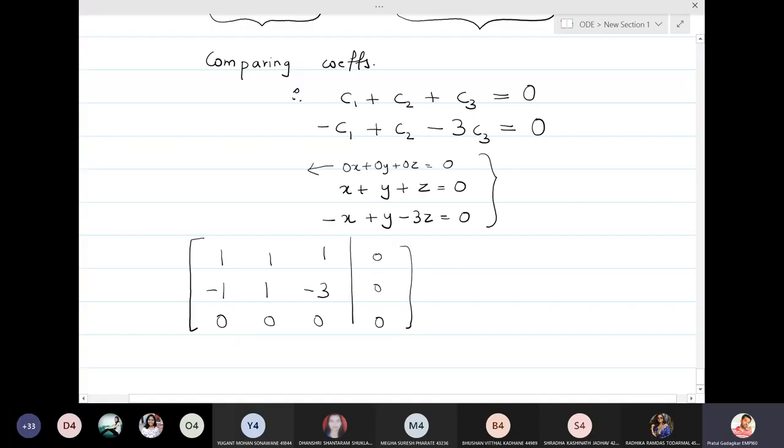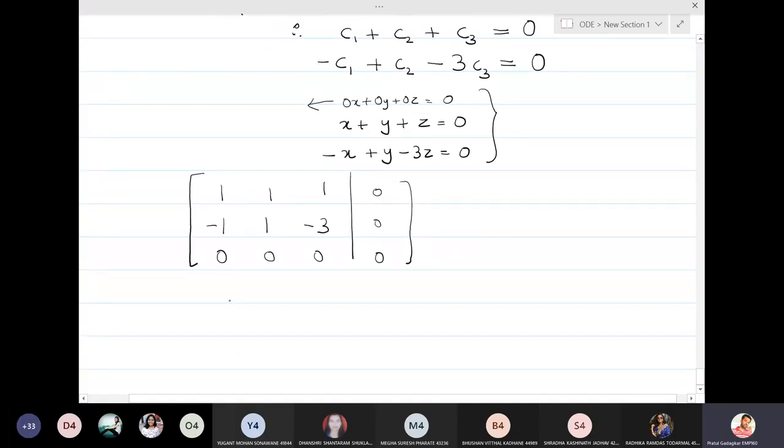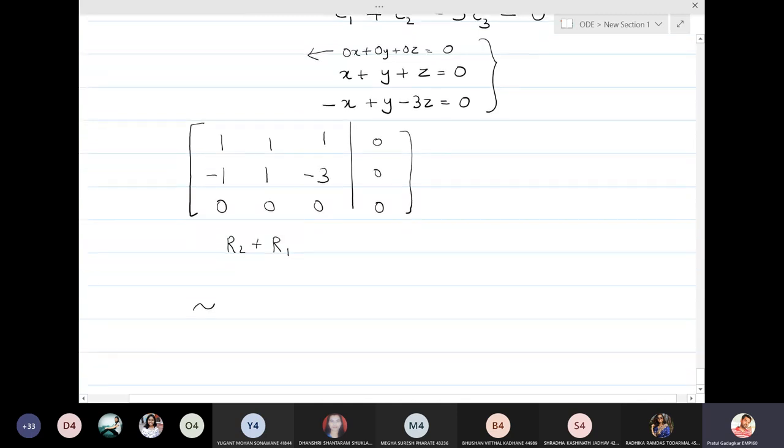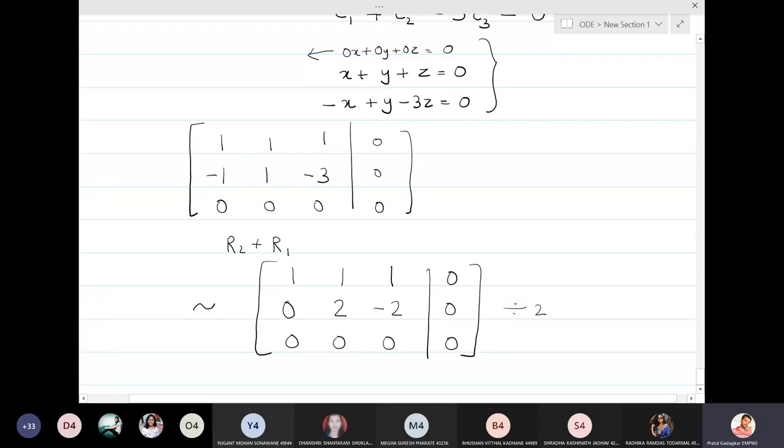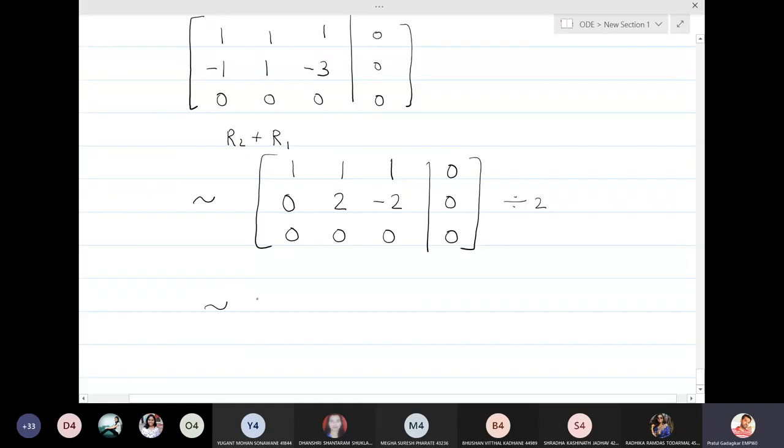If I add r1 and r2, the first row becomes 1 1 1 with 0 here. Again, if I add, I'll get 0 2 minus 2 and 0, and 0 0 0 0. And if I divide the second row by 2, I will get what?